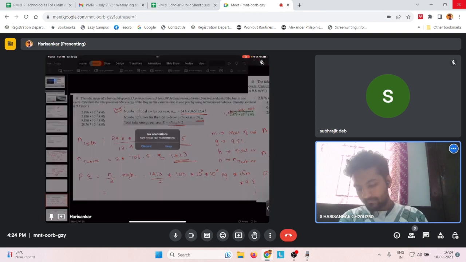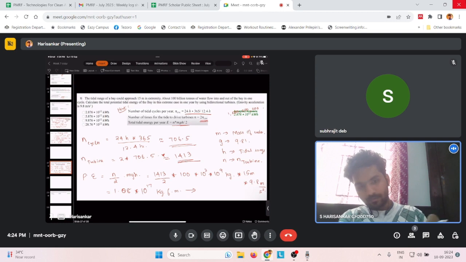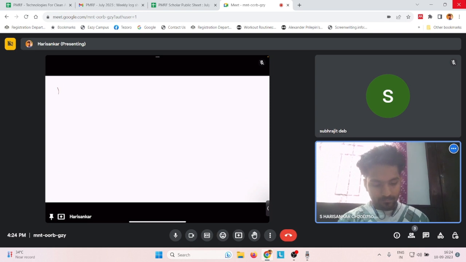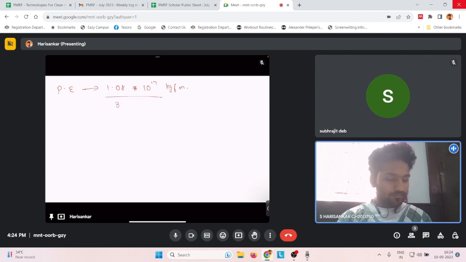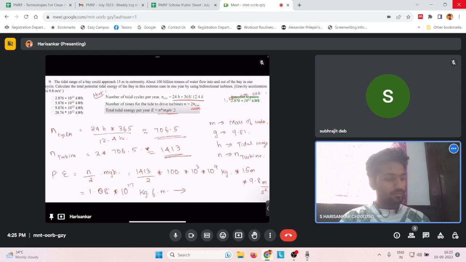So we do that here. The potential energy we got as 1.08 into 10 raised to 17 kilogram force meter, and if we divide this by 367098, we'll get potential energy of about 2.9 into 10 raised to 12 kilowatt hour.